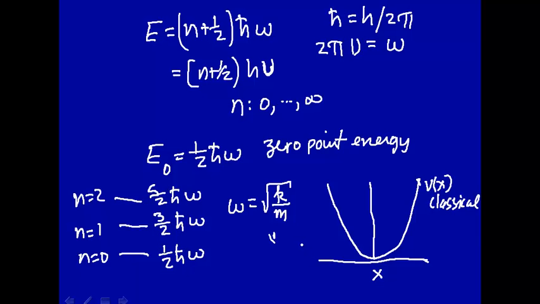Classically, you expect the energy to be 0, since you have no kinetic energy and no potential energy. But what you find quantum mechanically is that you take away all that kinetic energy, say to cool it to 0 Kelvin, and you'll still have a non-zero energy. This energy, the zero point energy, is 1/2 h bar omega. All right, so that's an important point about these energies.